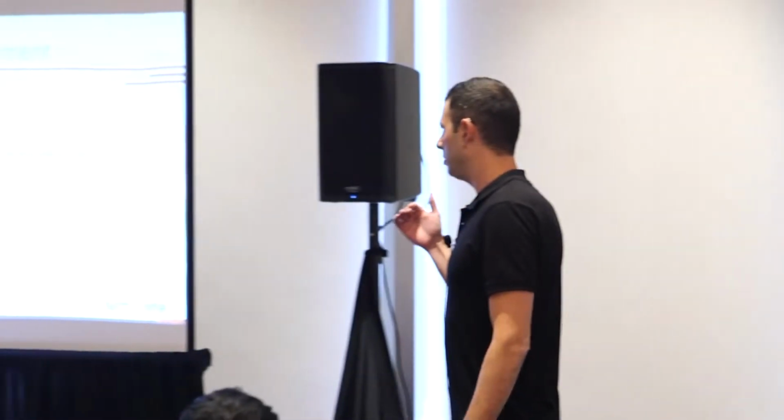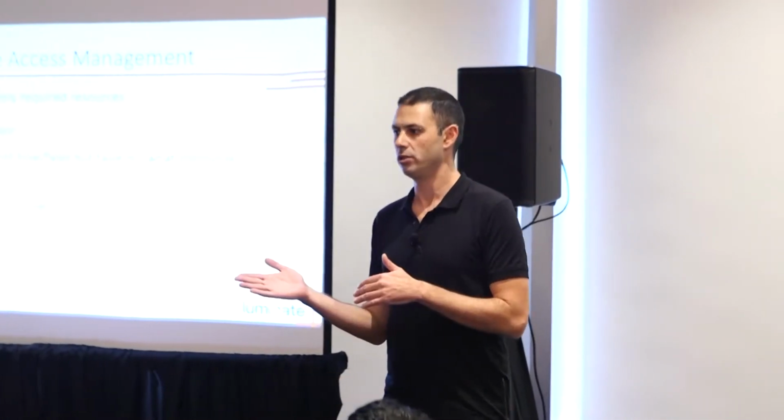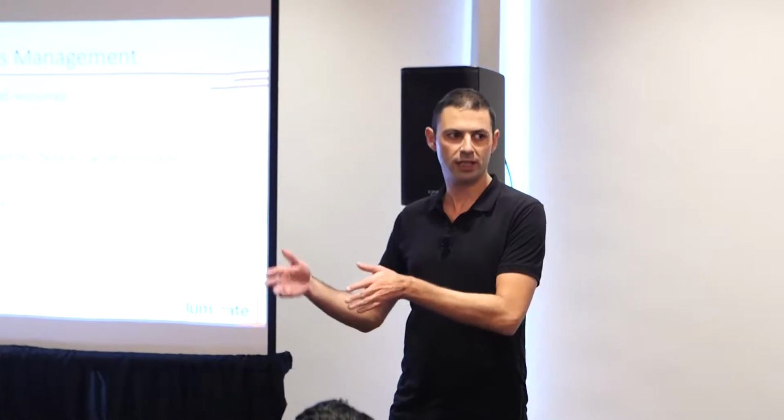So it's no longer a true-false: the user can access Salesforce or can't. Either it's false, or what can the user do in Salesforce? So we need to think about access management not as a true-false, but more granularly. False, or given the context, what's true.